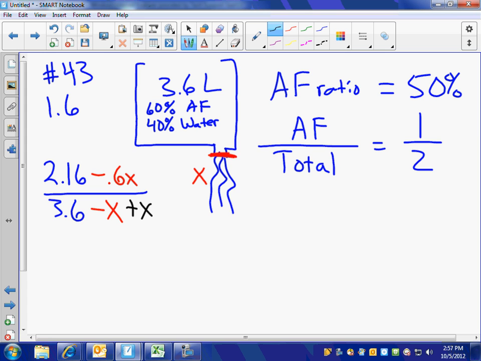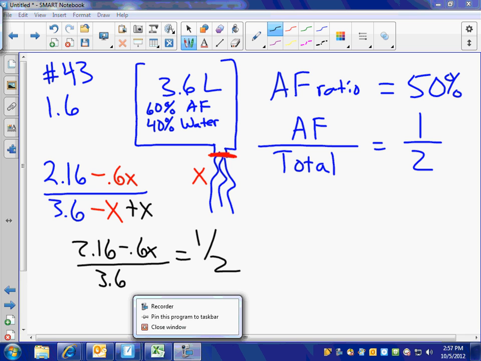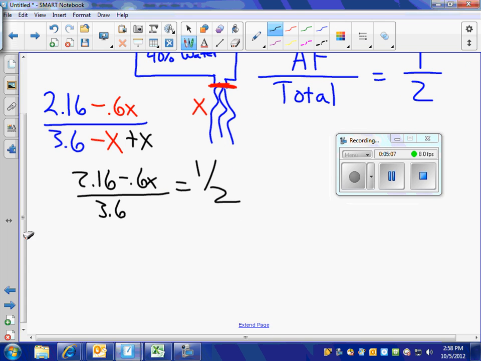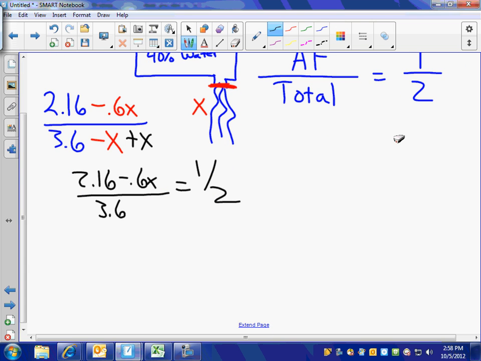So as you notice, I have my expression on the top, 2.16 minus 0.6x divided by 3.6. The X's cancel, and it is equal to your ratio, which is 1/2. Now we can cross multiply and solve. 3.6 times 1 is 3.6, equal to 2 times 2.16, which is 4.32, minus 0.6 times 2, which is 1.2x.